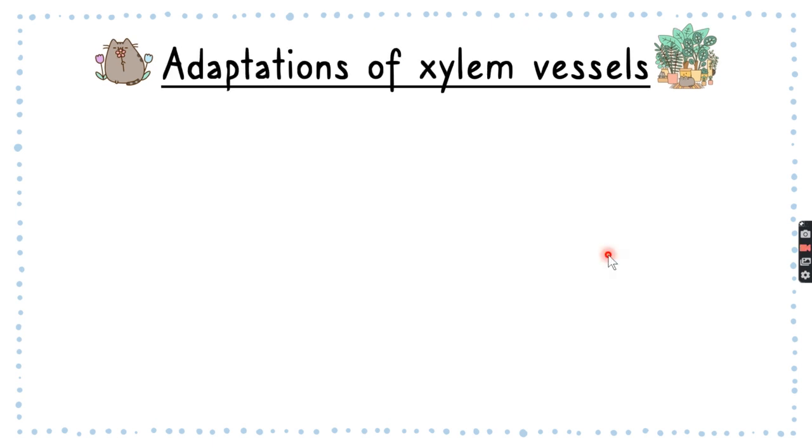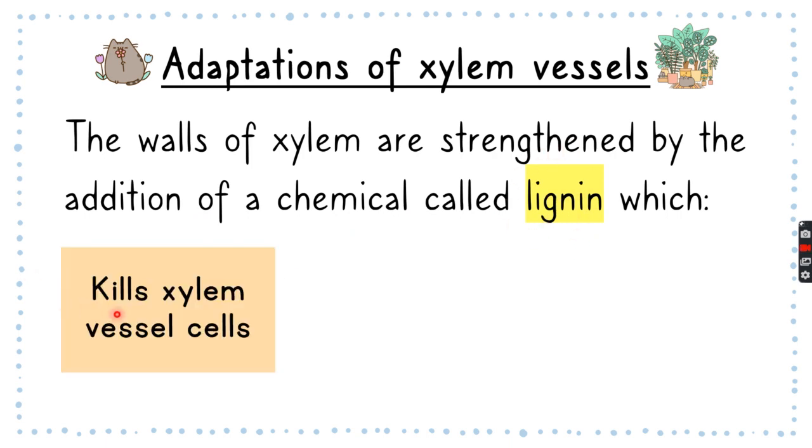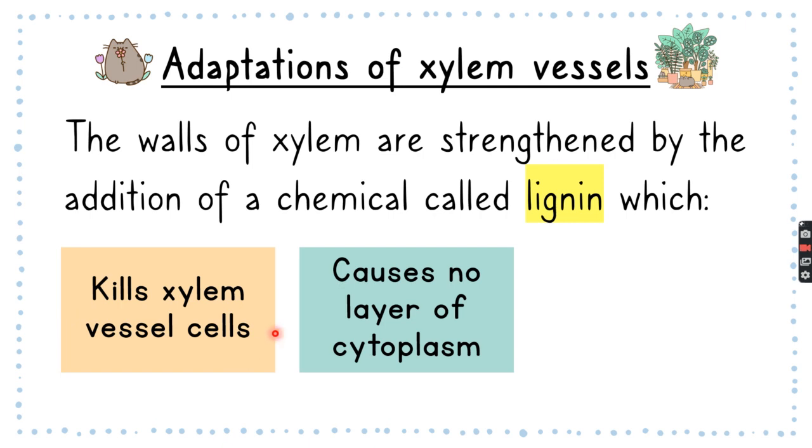So xylem vessels are adapted to give those functions because they are strengthened by this additional chemical called lignin. Lignin kills xylem vessel cells, so this helps to cause no layer of cytoplasm. That means that there's no obstruction.